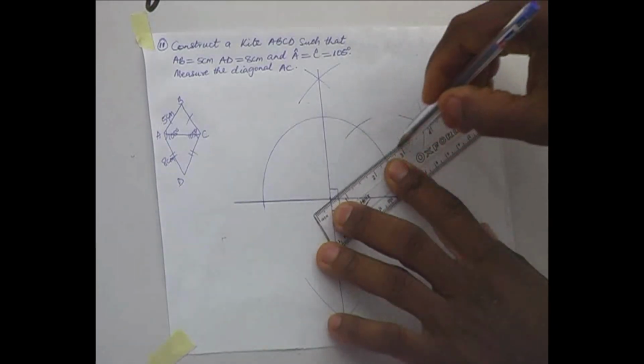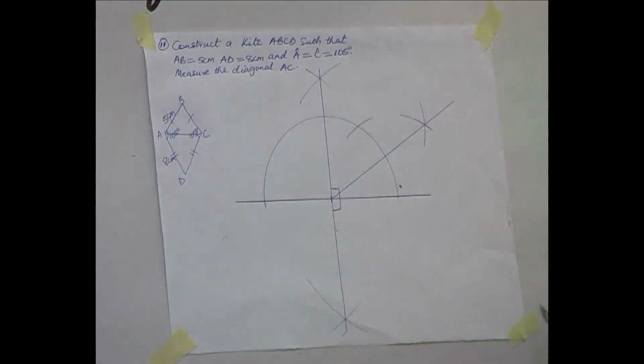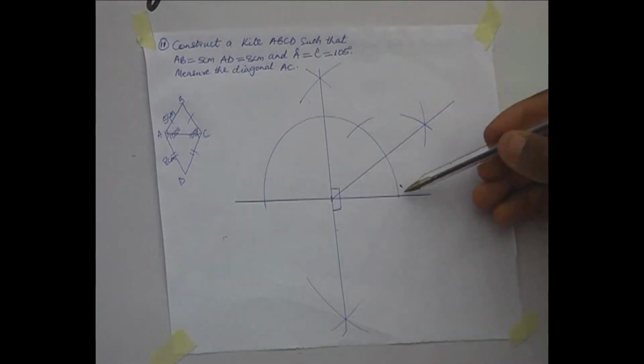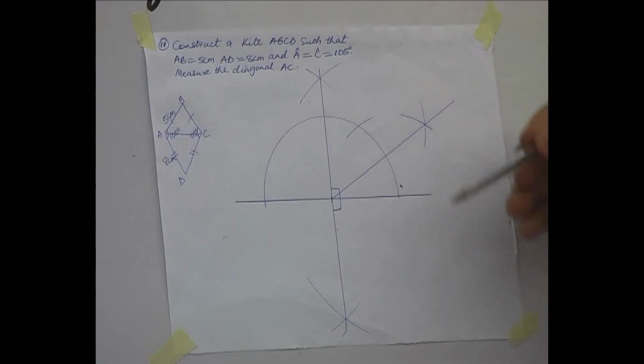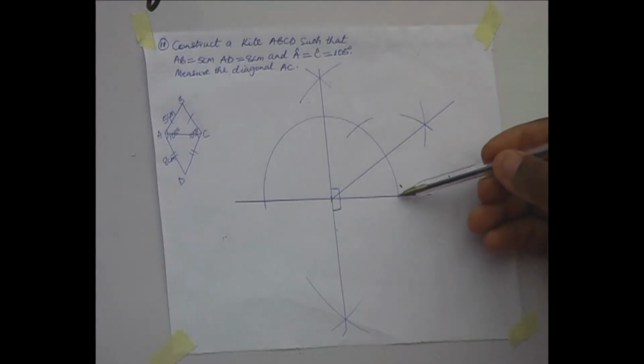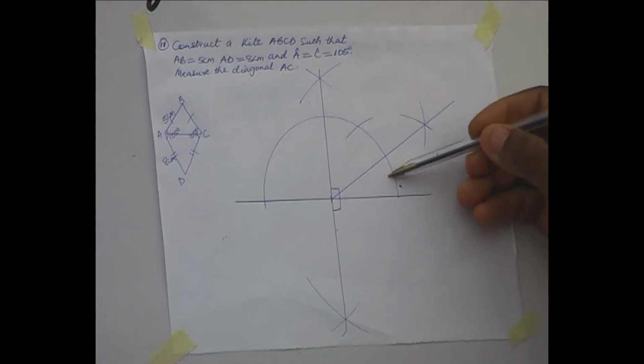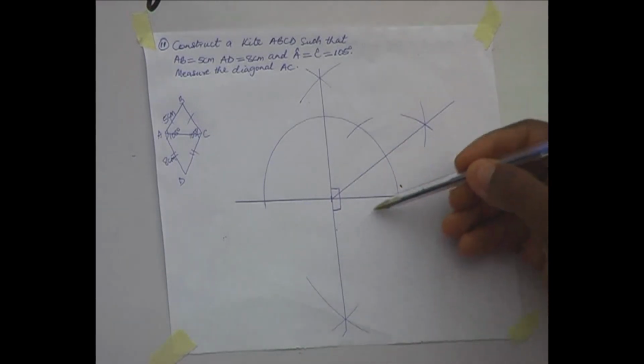If you measure with your protractor, you discover that this angle now is 30 degrees. So if you bisect this 30 degrees again, you get 15. And it is that 15 that we will add to this 90 to get 105.